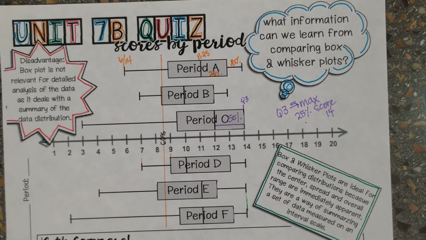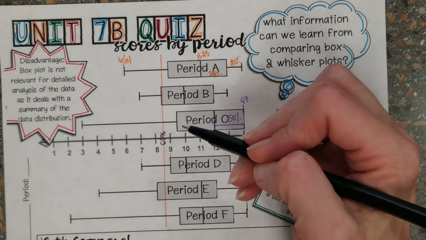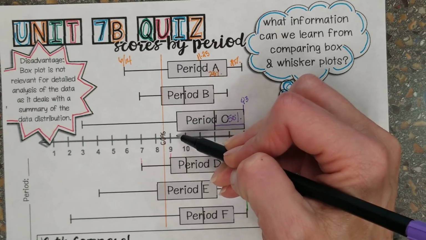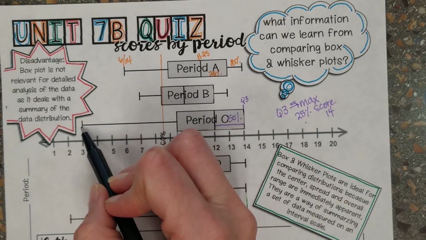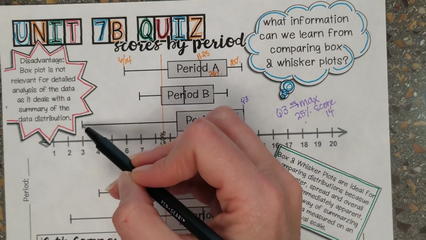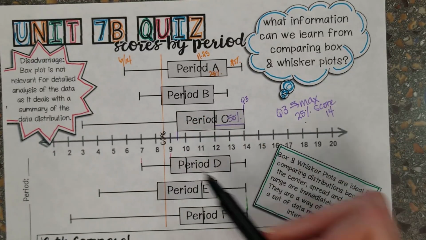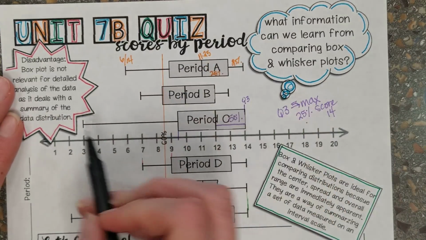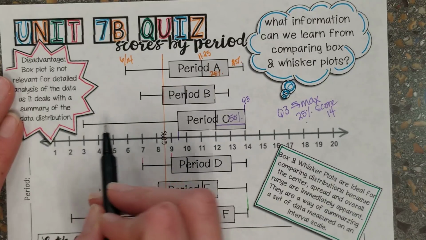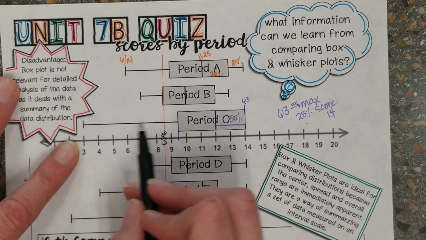Now it says, if C has 21 students, how many scored 9.5 or less? So when we're looking at C, 9.5 is actually their quartile 1 number. So from here to here, their low being a 3, how many students fall in there if there's 21 students in the class? Again, we know that this is 25% of the students right here, even though it looks a lot longer, it's still 25%.